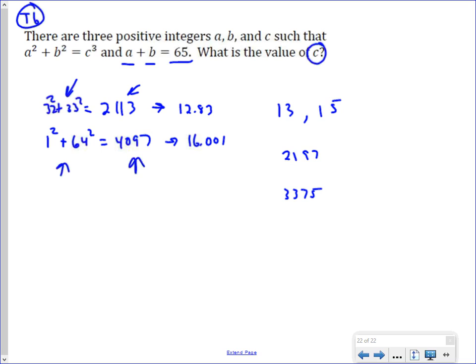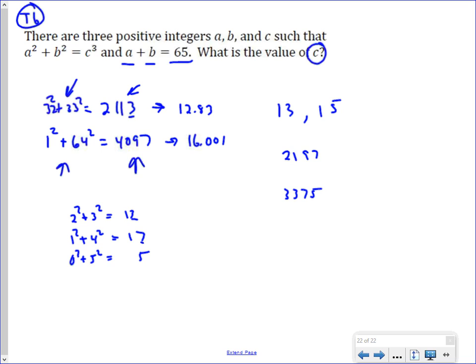So if I consider my units digit, for example, 32 squared plus 33 squared gives me a units digit of 3, right? Because 2 squared plus 3 squared gives you 13. If I did 1 squared plus 4 squared, another way to get 65, I would get a units digit of 7, since that's 17. If I did 0 squared plus 5 squared, I would get a units digit of 5.